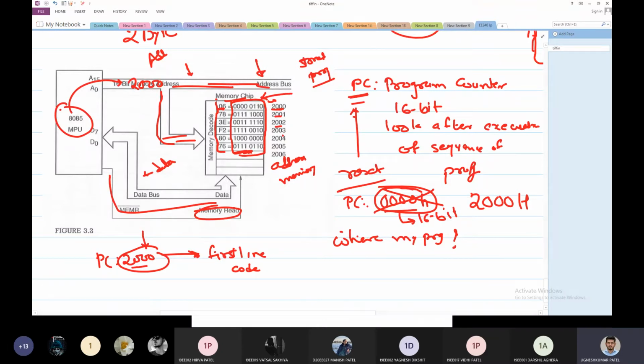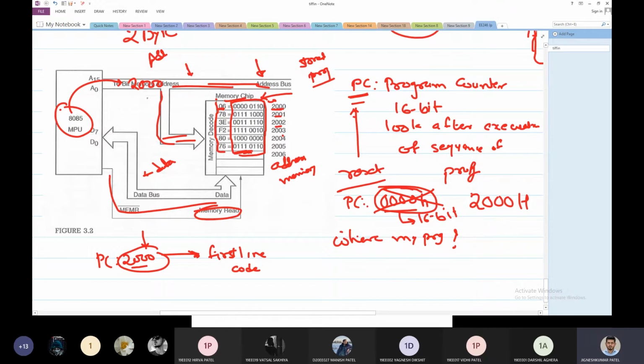Now the program counter has 2000. That means there is a first line of code. That means the code must be read. Code has to be read from memory. I am not writing code, I am reading code. I want to execute the code. So I'm going to read that code. It is a code, that's why we call it something different, but this is basically an opcode. So I'm going to read the opcode.